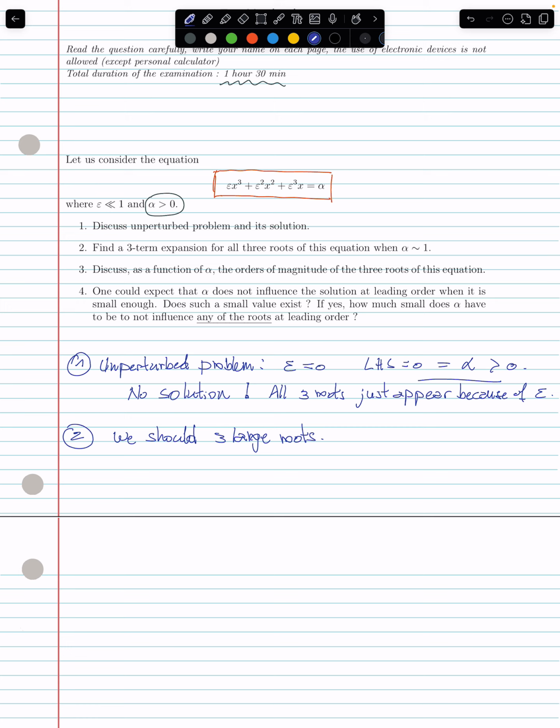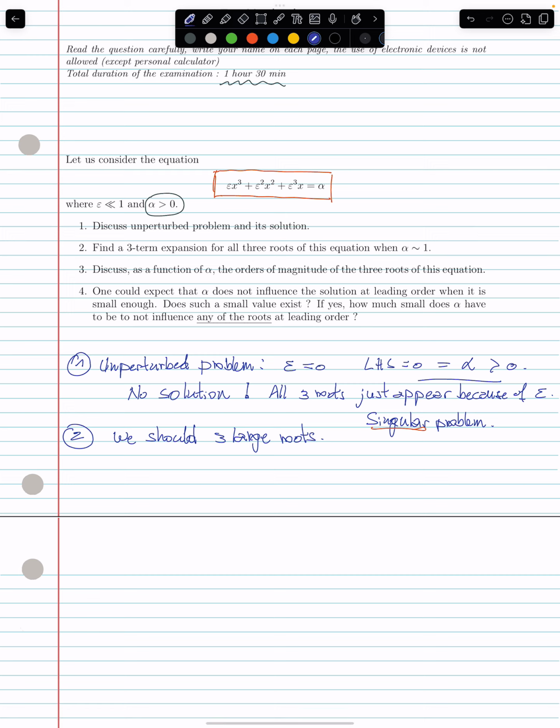Regular or singular? This is, of course, a singular problem because we start from a 3rd degree polynomial here, and it becomes a 0th degree polynomial over there, even all the more so as it has no solution here. So it means that this is a singular problem, and even more, all 3 roots are singular.